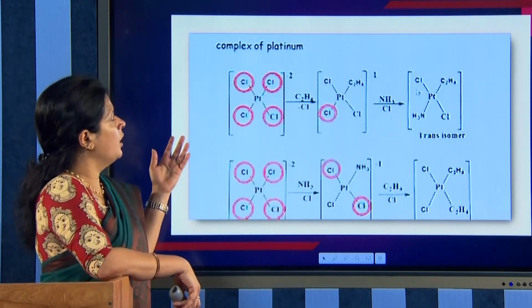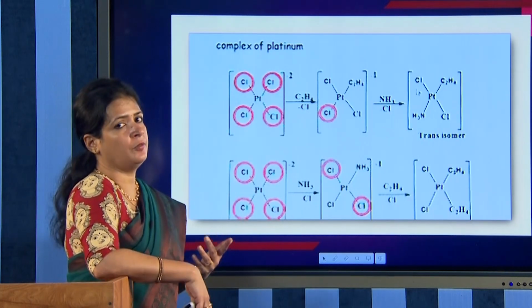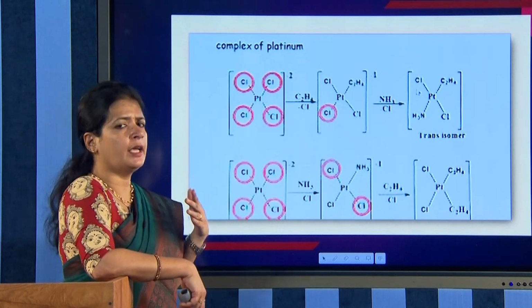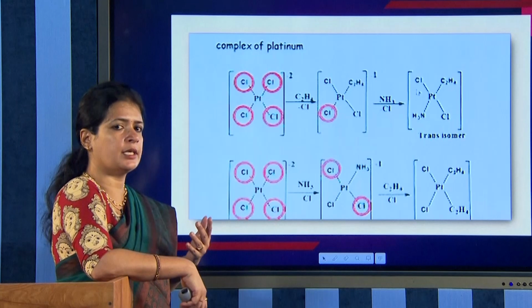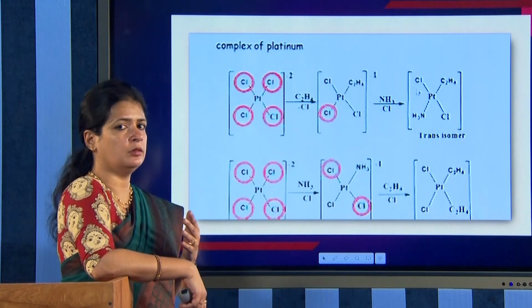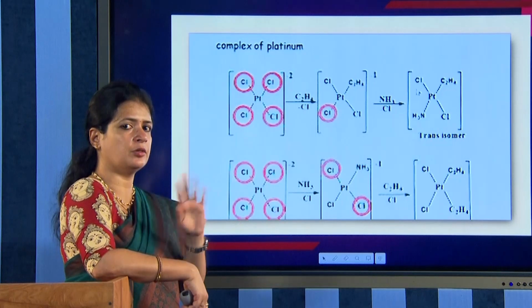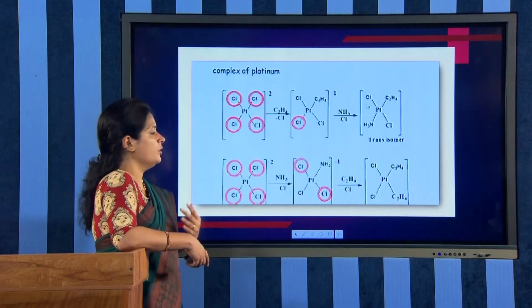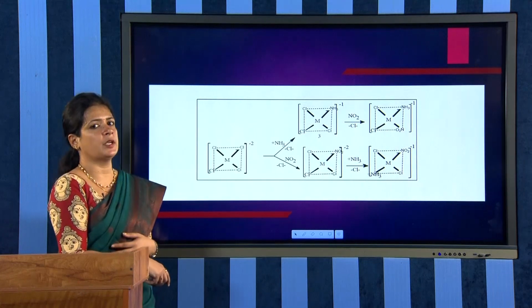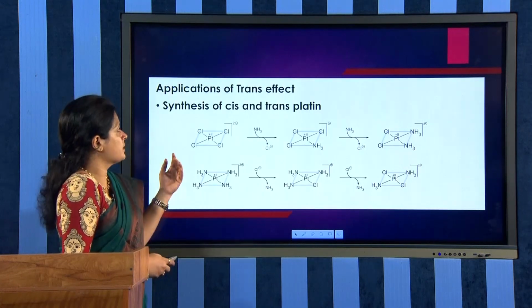This is how the applications of trans effect work. That is, we can synthesize cis and trans isomers depending upon the ability of the ligands to direct to the trans position, which is very important. Initially, what have we started with?